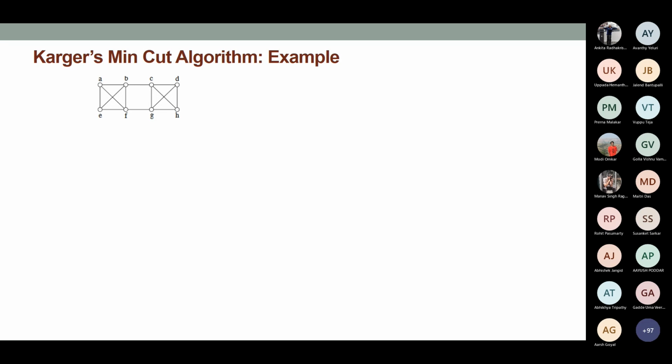The first step of my algorithm, as I mentioned, is that you randomly choose one edge with the associated probability. So in this case, if you randomly choose, what is the probability that the edge BC will be picked?